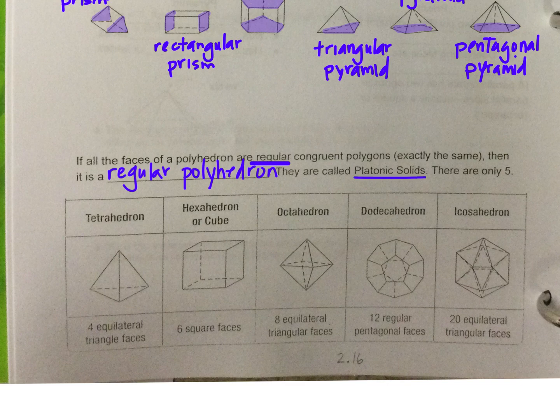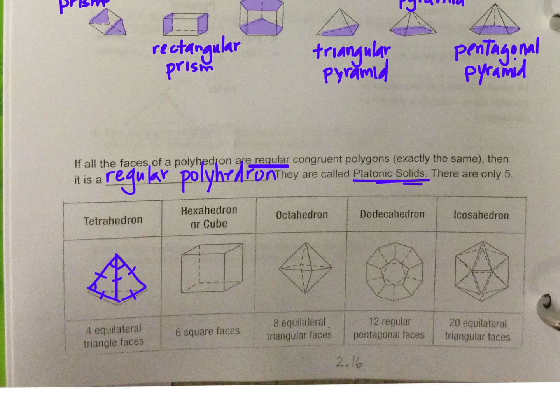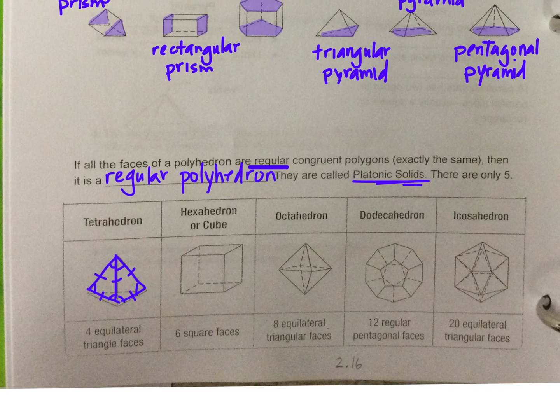And their special name is the Platonic solids, and there are only 5 of them. This means that in this shape, all the sides of the triangles are exactly equal, and all the angles are equal in every part of it.